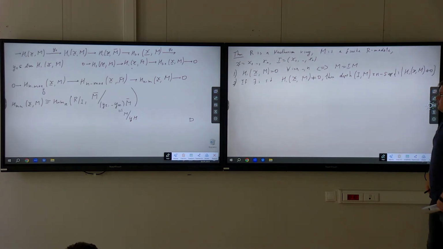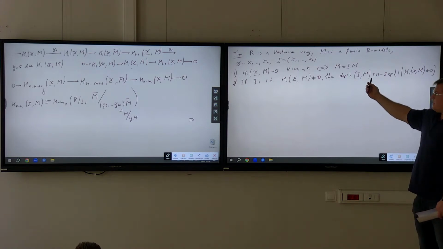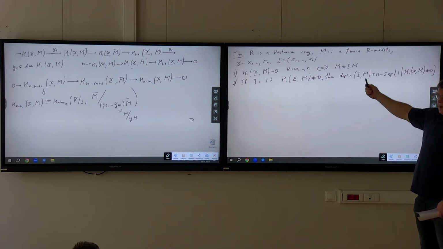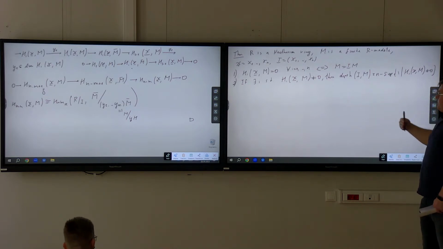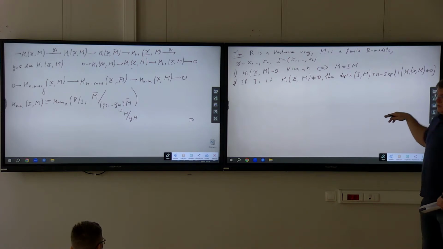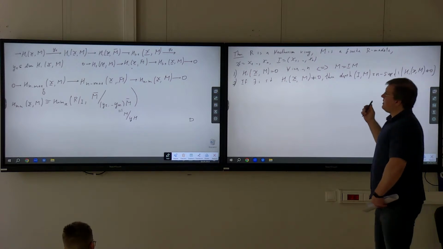For example, if you have a regular sequence, then this depth is equal to n. So you have vanishing of everything except H0, and H0 is just M modulo IM, so this will be a free resolution of M modulo IM.